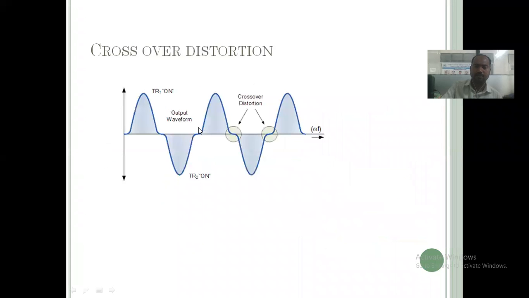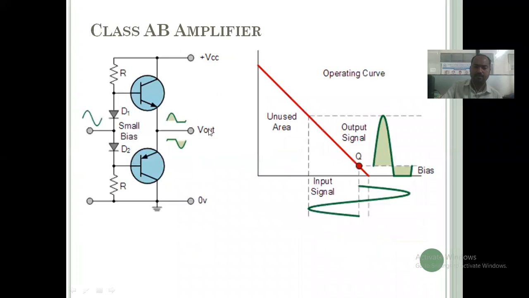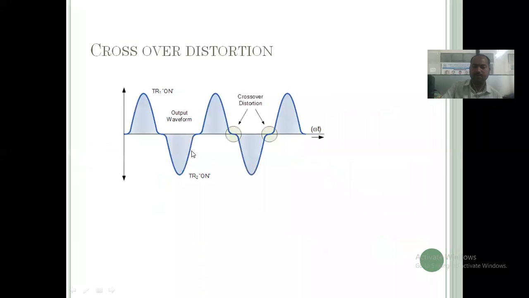See, we have used diodes. There are actually two diodes. One diode works in the positive half cycle, the other in the negative half cycle. Why? Because there are two crossover distortions, one with respect to the positive half cycle and one due to the negative half cycle, right?